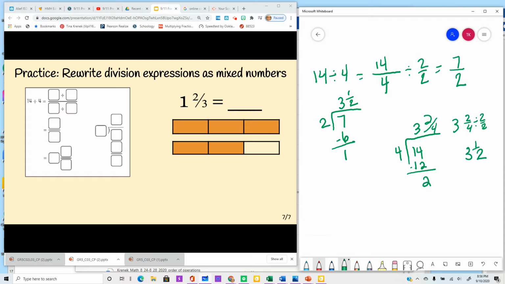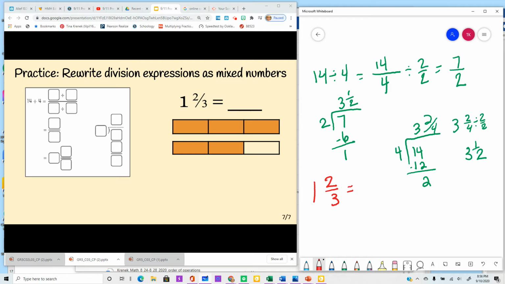Okay, taking a look at our next one, we have 1 2/3. Now, we have to take 1 2/3 and make it an improper fraction. So if I draw the picture of 1 2/3, you see I have one whole, and it's made up of 3 parts, and then I have another, not a complete whole, but I have to draw another fraction bar and only shade in 2 of the parts.